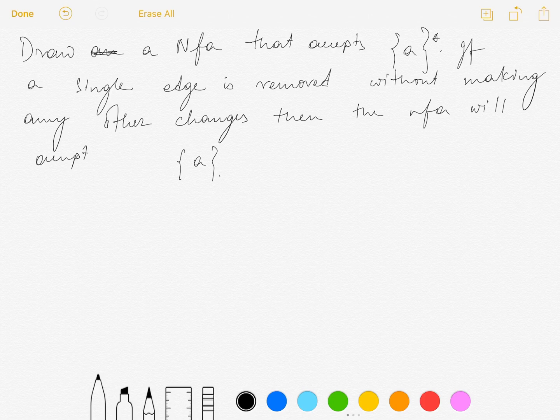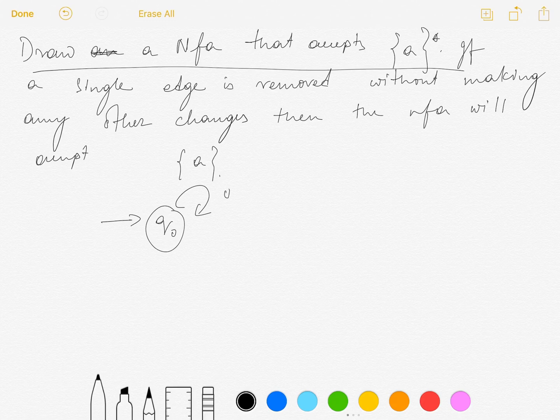So for the first portion, the answer is very simple. Just draw Q0 with A, and it confirms that multiple occurrence of A or no occurrence of A itself.